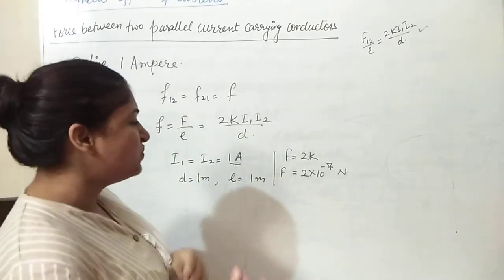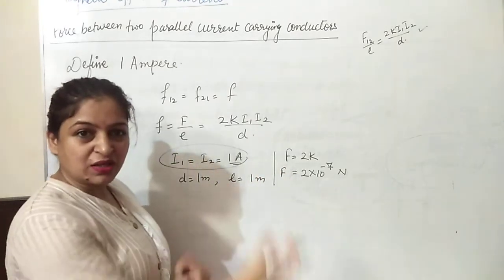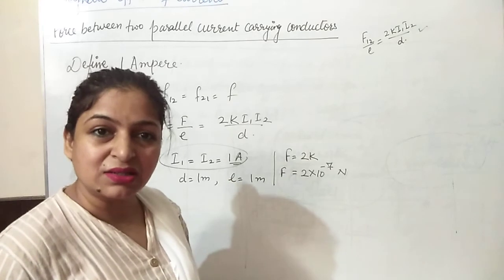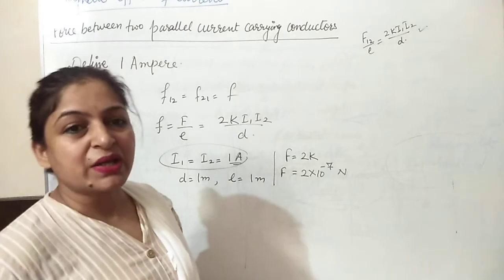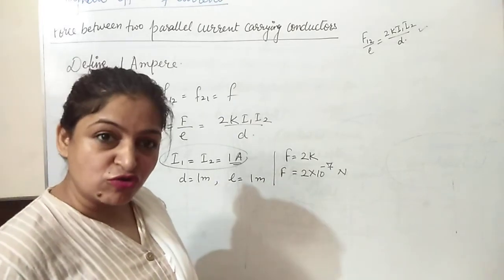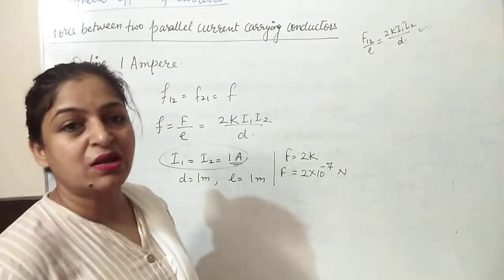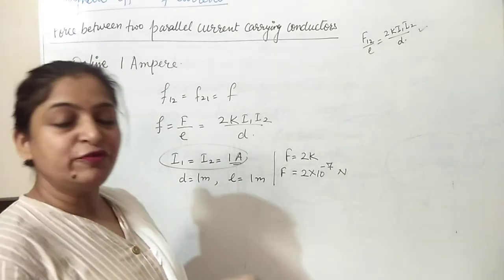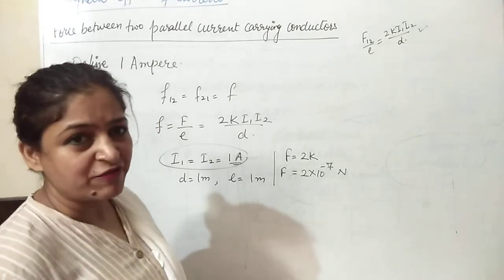So now in reverse we can define 1 ampere: if two current carrying conductors of length 1 meter each, separated by a distance of 1 meter, exert a force on each other of magnitude 2 into 10 raised to power minus 7 Newton, then the current flowing through them would be 1 ampere.